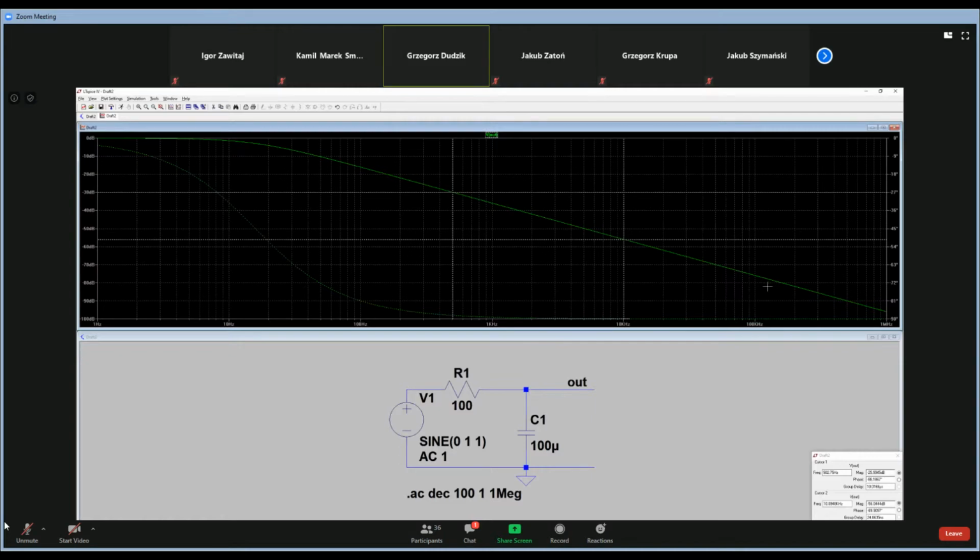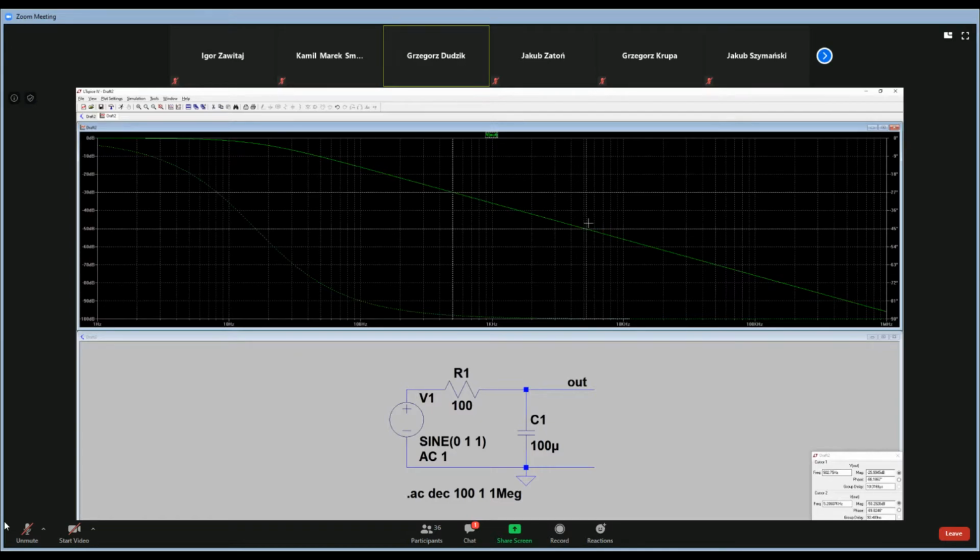That's why this is a low pass filter, because the low frequencies pass through and the high ones are blocked. So how many is it? It is minus 50 decibels, in our case for the frequency equal to 5.2 kilohertz.